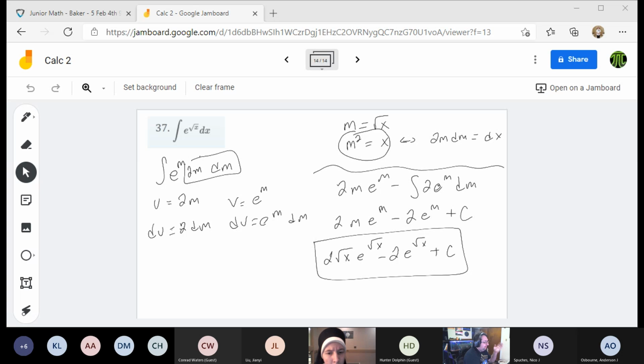The nice thing is all the problems in this section have to be integration by parts, so when you're doing them, you know you're using that method. The hard part of the actual test is that it's all mixed up. It's not going to say do integration by parts on this one. It's going to give you a bunch of problems and say integrate, and you have to figure out which one it is.